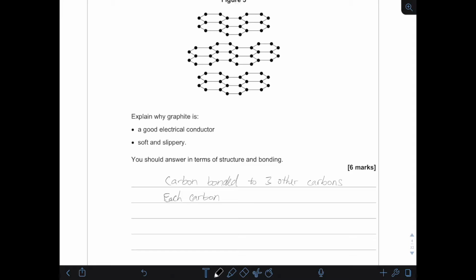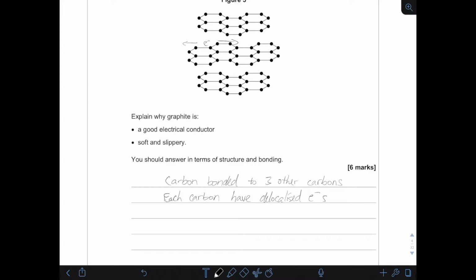So these are all trivalent carbons, and each carbon has delocalized electrons, right? So the delocalized electrons is one thing, which means that they can go across the plane. So electrons here can go across that way.